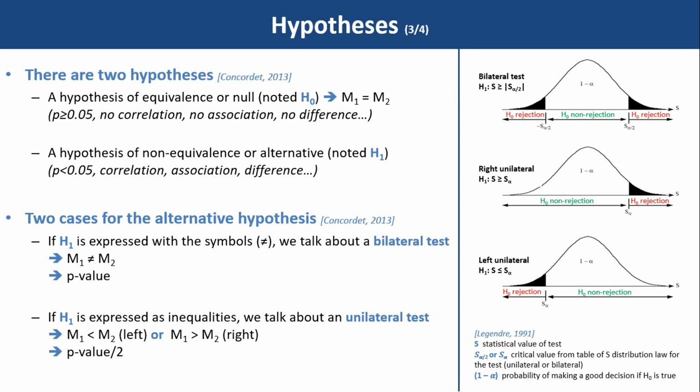However, if the test is unilateral, H1 is expressed as two possible inequalities: M1 is less than M2 in the case of left unilateral test, or M1 is greater than M2 in the case of right unilateral test. So, for unilateral tests, we divide the p-value by 2 because we perform the analysis only on one side and not two sides, or two-tailed, as we do for bilateral tests.